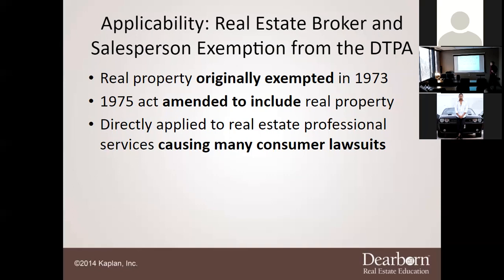However, in 1975, the act was amended to include real property, and so it directly applied to real estate professionals, especially in regards to the many consumer lawsuits that came out of people cheating and doing deceptive types of practices.